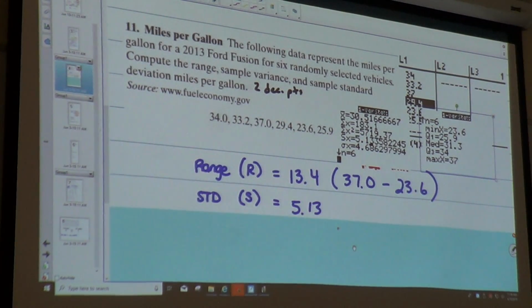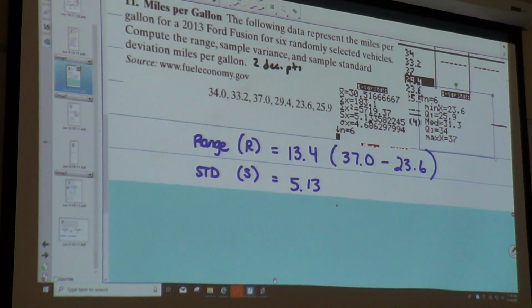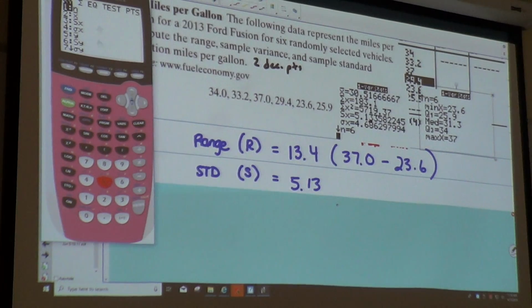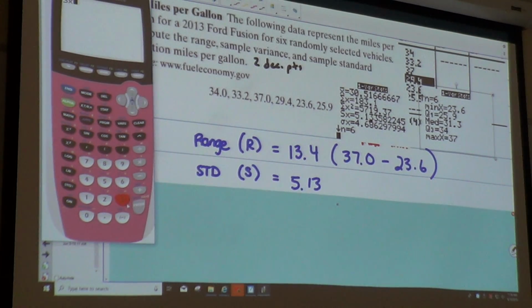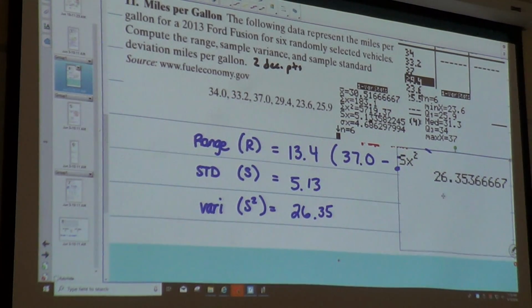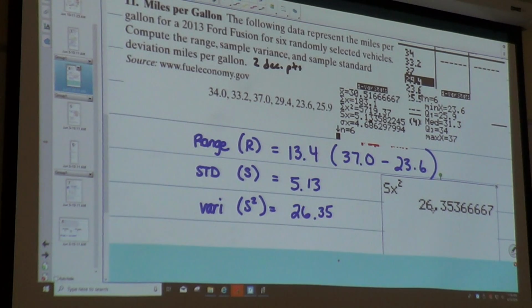There's that, there's that. And then to practice, we can do vars down to number 5, and we're going to pick number 3 this time because we're doing the sample, and then we're going to square it, and that is going to give me my last one, and to 2 decimal places it's going to be 26.35. Cool?